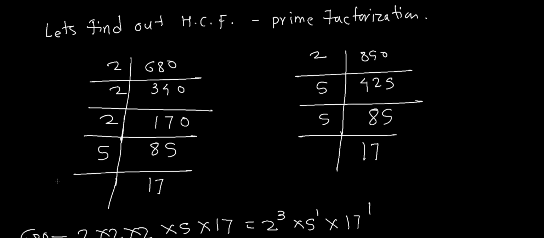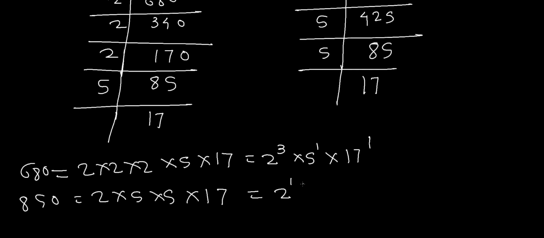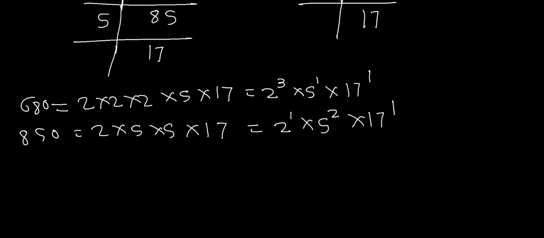And for 850 we get 2 into 5 into 5 into 17, that is, 2 one time, 5 two times, and 17. So we have to get the common factors, that are 2, 5, we'll underline that, 2, 5 and 17.